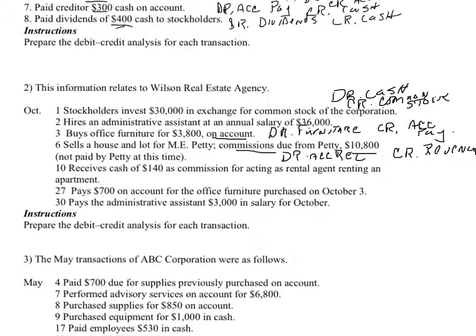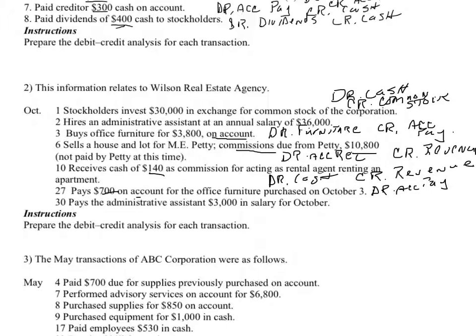October 10th, I received cash again as commission. This time I received cash. So debit cash, and I earn revenue. Credit revenue. On the 27th, I pay $700 on account for the office furniture. So if I paid that, then my accounts payable goes down, so it's debit accounts payable.